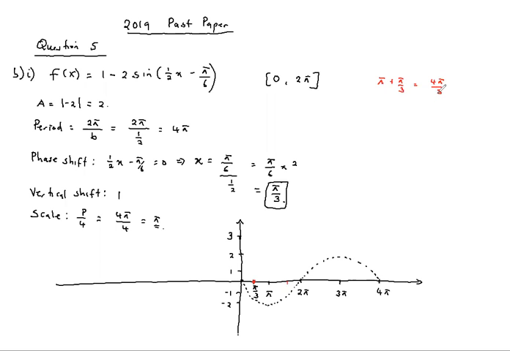The point at 2 pi, we'll have 2 pi plus pi over 3, so we'll get 7 pi over 3. So it will move to 7 pi over 3.